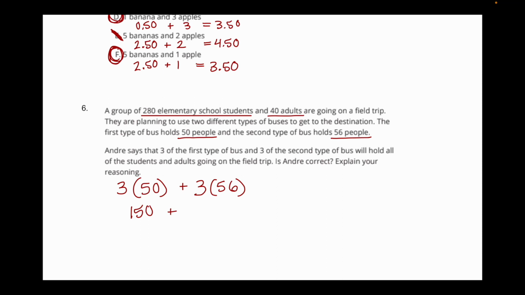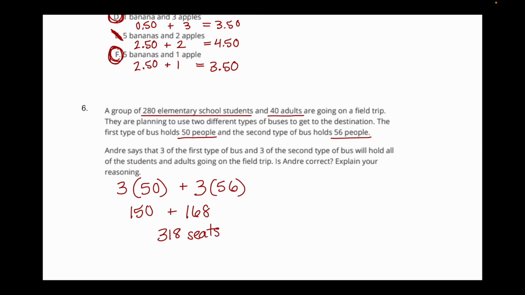And 3 times 56 is 168. So 150, if I combine that with the 168, that makes 318. Now this is seats. That's how many seats those buses would have put together.